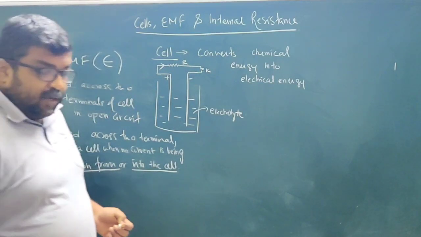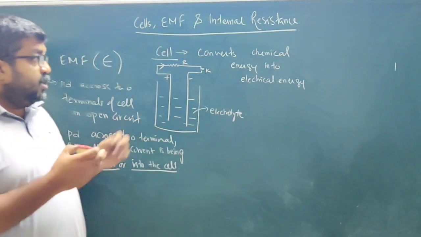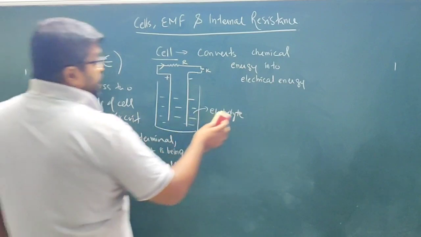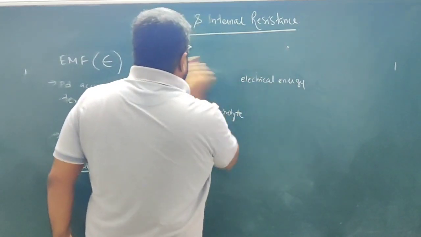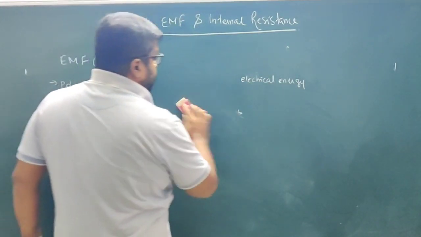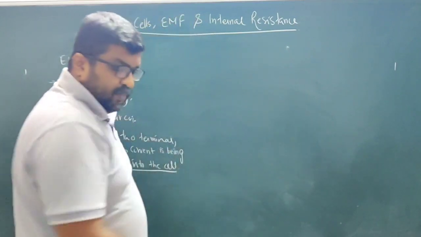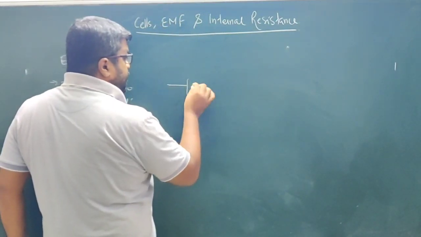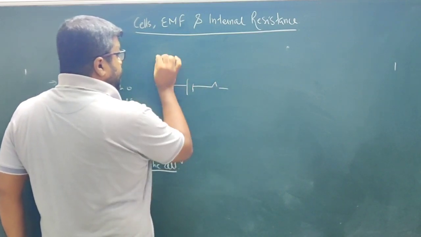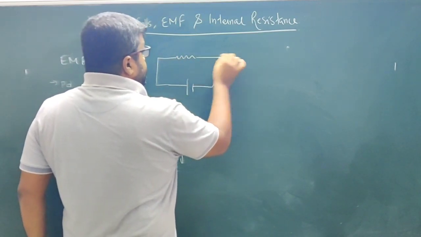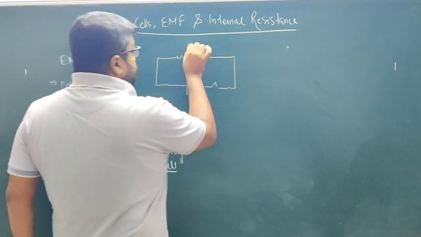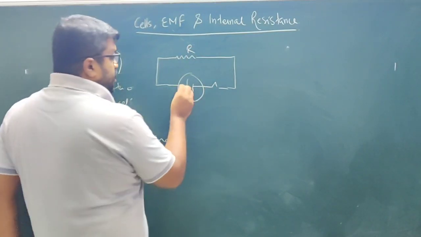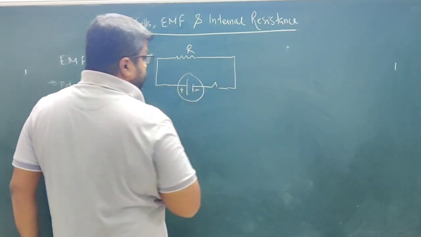Now what happens when the circuit is closed? Suppose, and let me redraw the circuit. Suppose this is the cell, this is the key, and this is some resistance R. This is the cell, with a positive electrode and negative electrode.